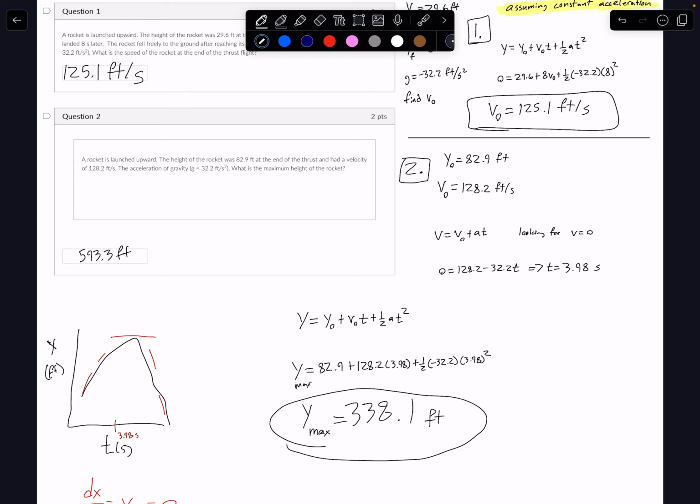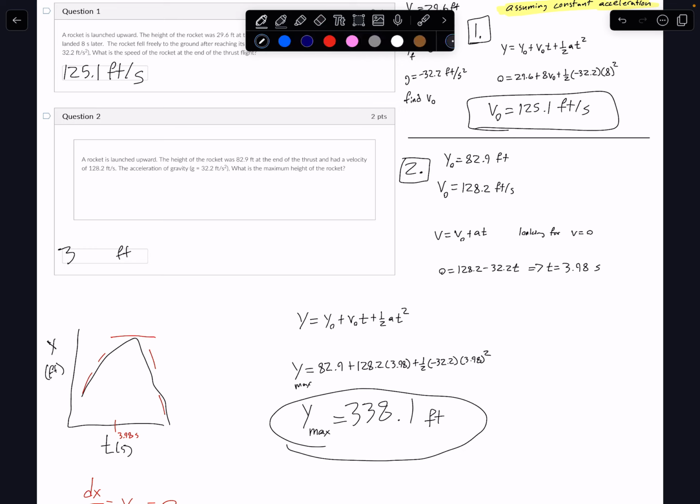Oh, I see. I initially only included those two in it, and that gives me 593.3, and I did not subtract anything from that part. So yeah, it's good to find the error.